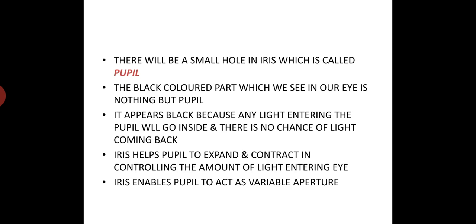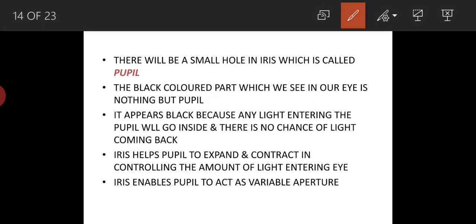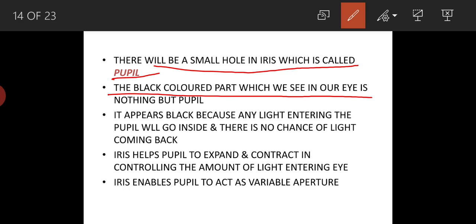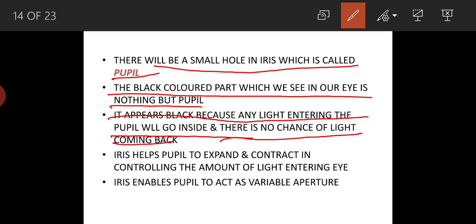Let us see what the pupil is. There will be a small hole in the iris which is called the pupil. The black colored part which we see in our eye is nothing but the pupil. It appears black because any light entering the pupil will go inside and there is no chance of light coming back.